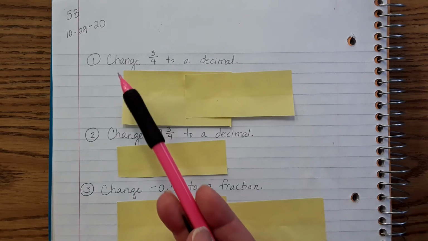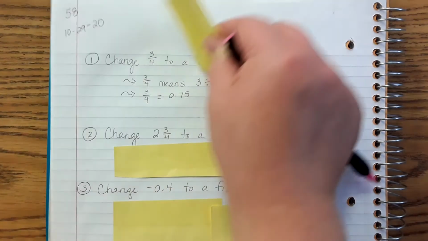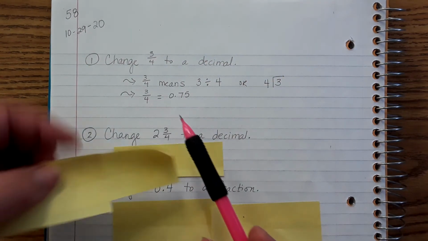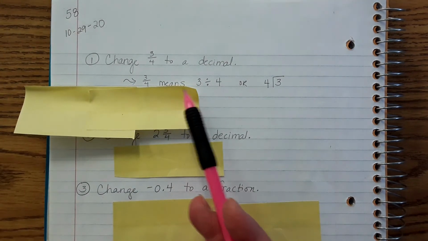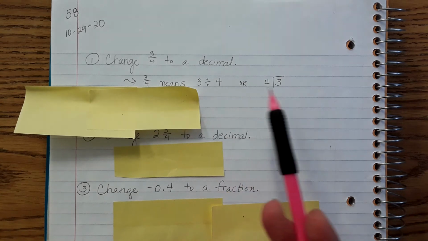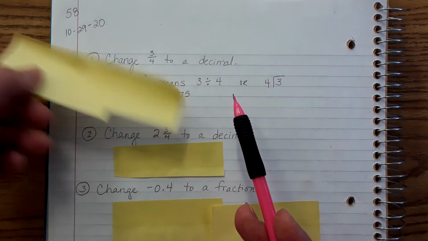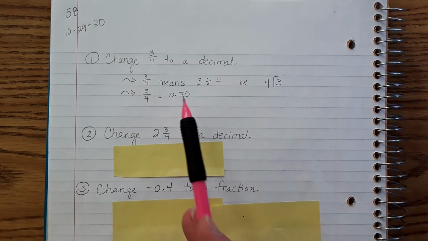And let's look. How do we change 3/4 to a decimal? Well, remember, the fraction bar means to divide. So if we go step by step, 3/4 really means 3 divided by 4, or the long way like this, 3 divided by 4. We know that 3/4 is 0.75.